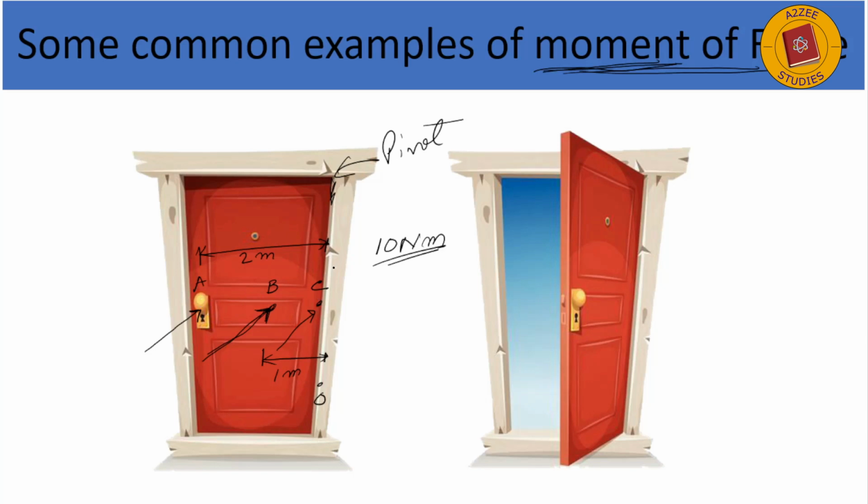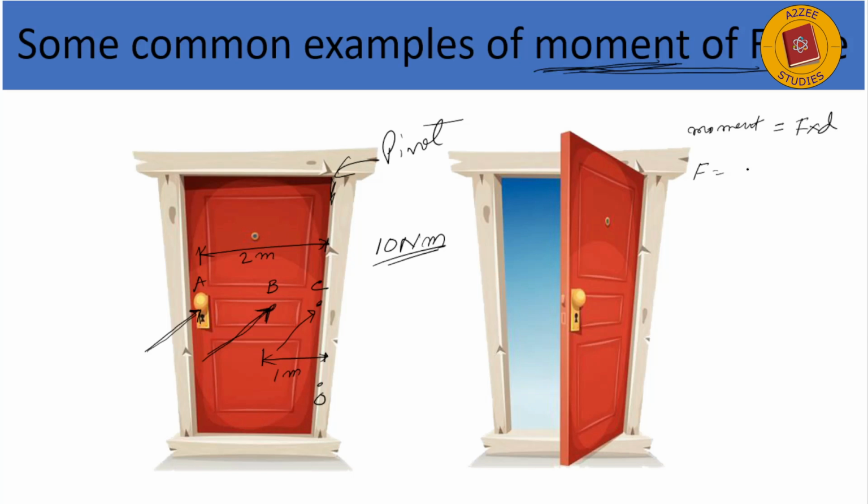So let us calculate the force required to open the door if we apply the force at point A. What is the formula of moment? Moment of force is equal to force multiplied by distance.